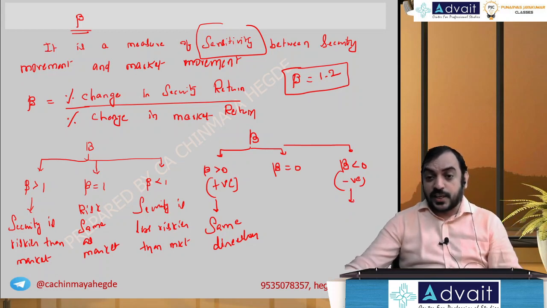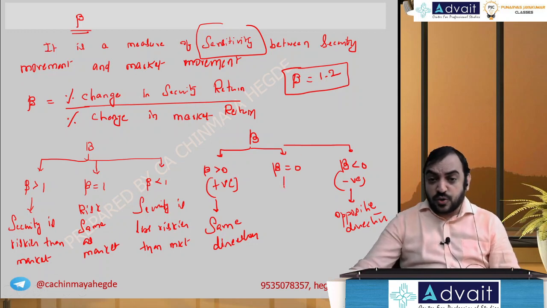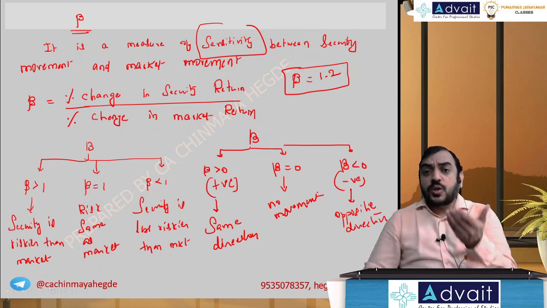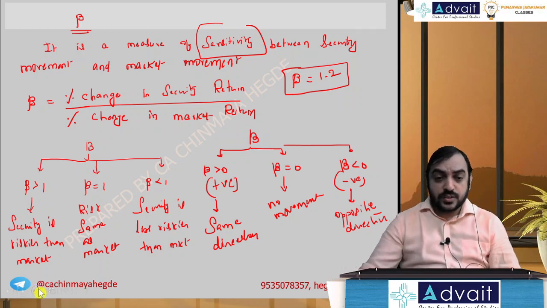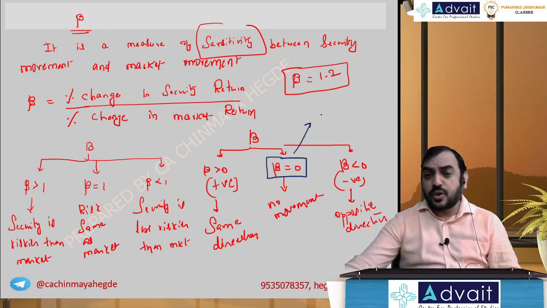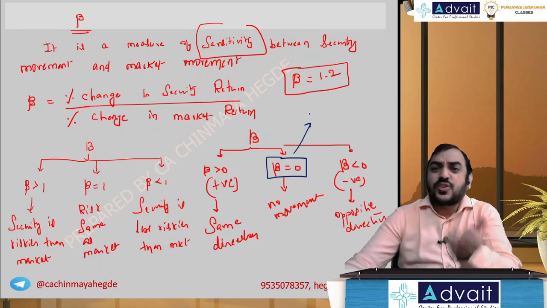In examinations, very much likely. Opposite direction between what? Between security and market. What does beta equal to 0 mean? Beta equal to 0 means no movement. Now, which one will not move? Whether market return increases or decreases, that is called a risk-free security. So the beta of a risk-free security will be 0 because when the market return increases or decreases, a risk-free security does not change. That's why it's called risk-free.